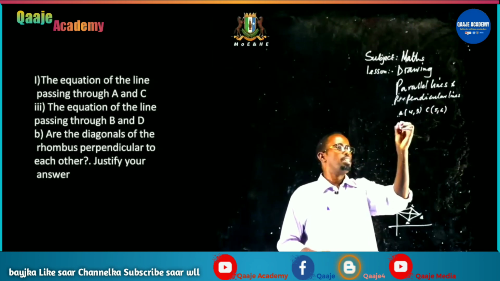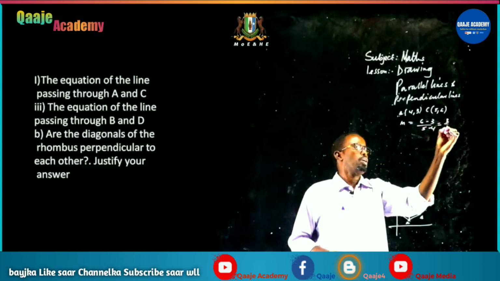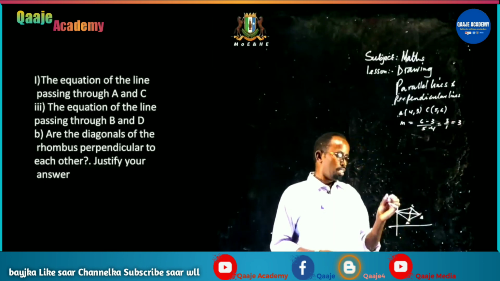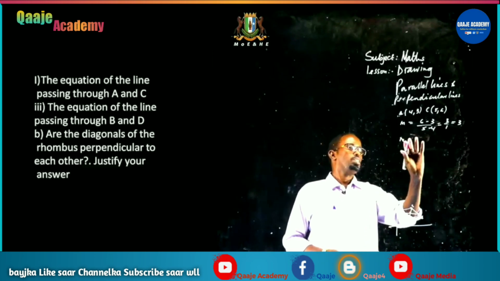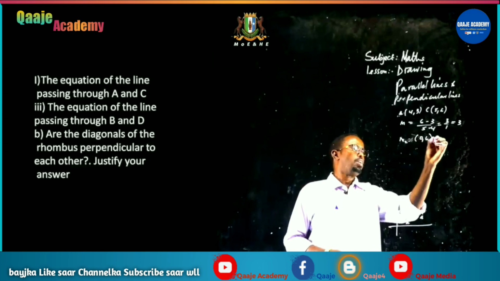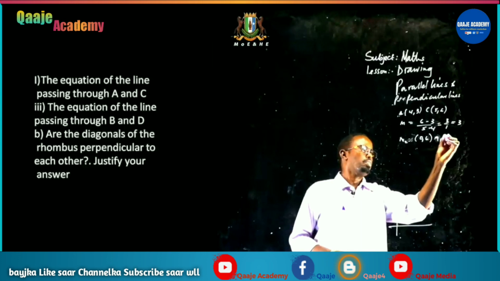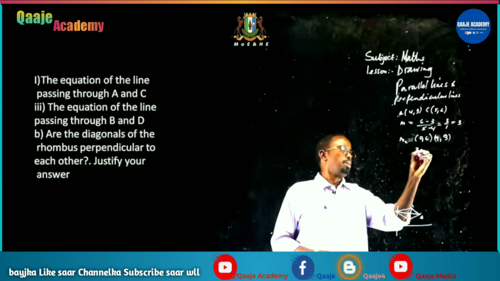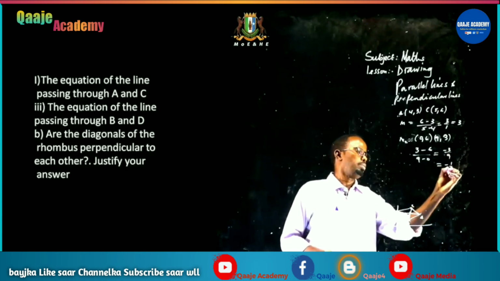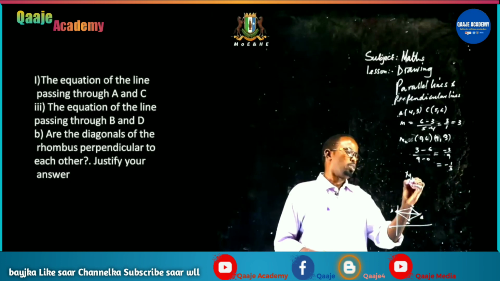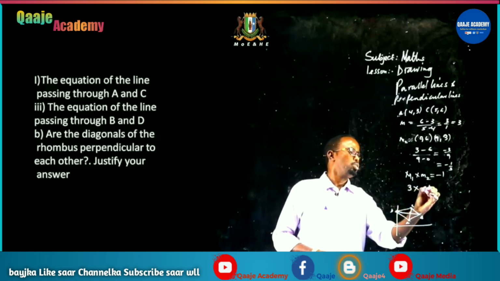The gradient of this line is m equal to 6 minus 3 divided by 5 minus 4. You get 3 divided by 1, which is equal to 3. That is the first gradient. M2, the second, will be from (0, 6) to (9, 3), so 3 minus 6 divided by 9 minus 0, you get minus 3 divided by 9, which is minus 1 over 3. For perpendicular lines, m1 multiplied by m2 must be equal to negative 1. m1 is 3 multiplied by m2, which is minus 1 over 3.